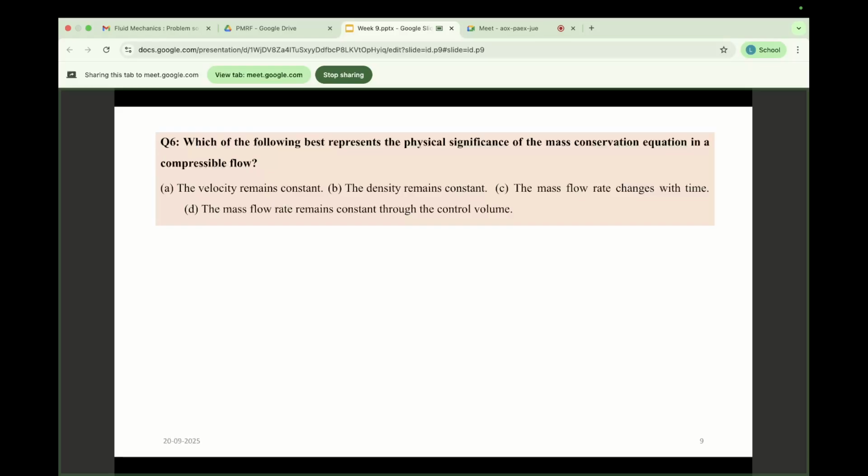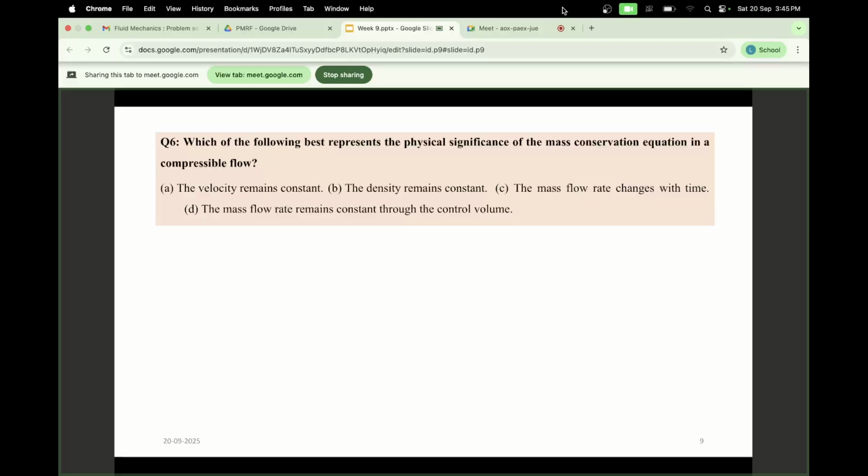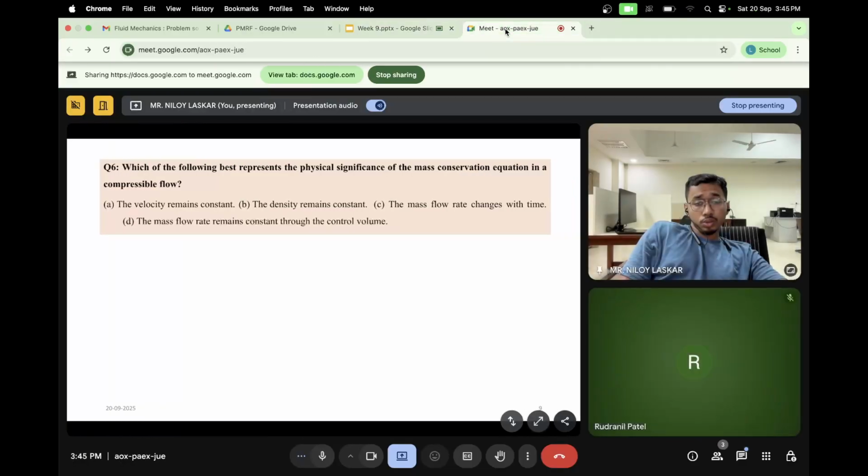The first is that velocity remains constant, next is that density remains constant, then the mass flow rate changes with time, and the mass flow rate remains constant throughout the control volume. So please try to attempt. I am giving you 1 to 2 minutes.